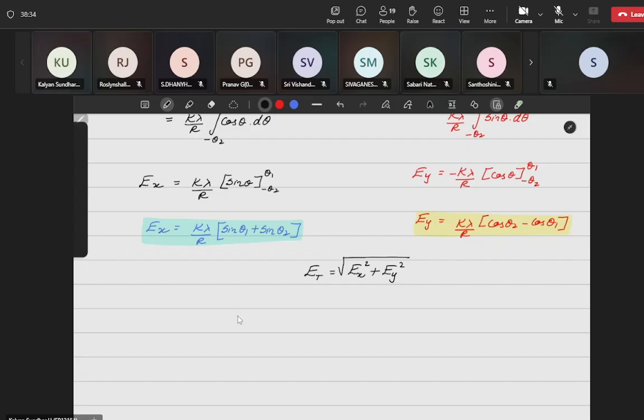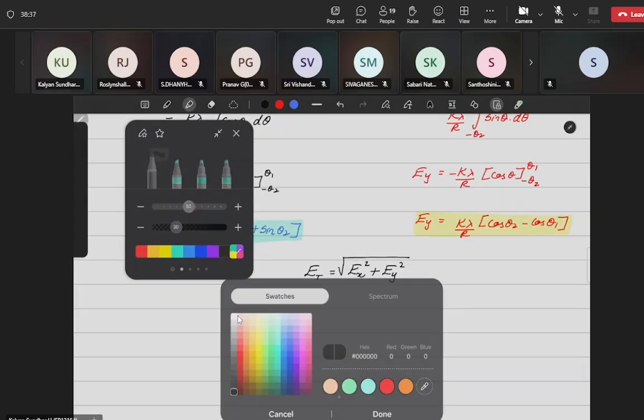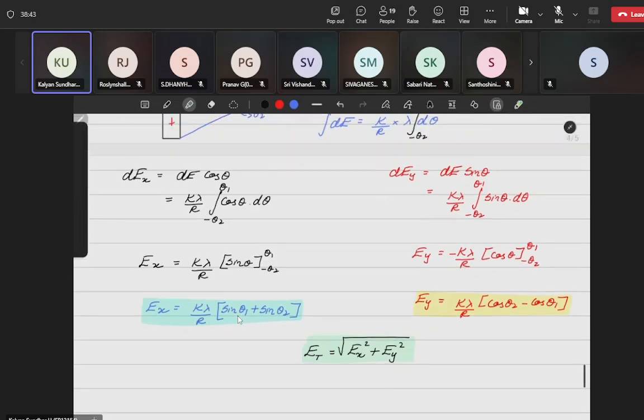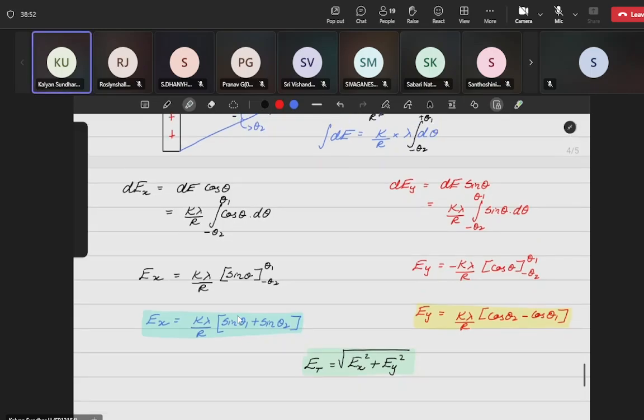The derivation is important, but if they ask, it's not needed for this; I just mentioned it so you know how it came about. Ultimately you're going to find E along the X axis, E along the Y axis and the total.